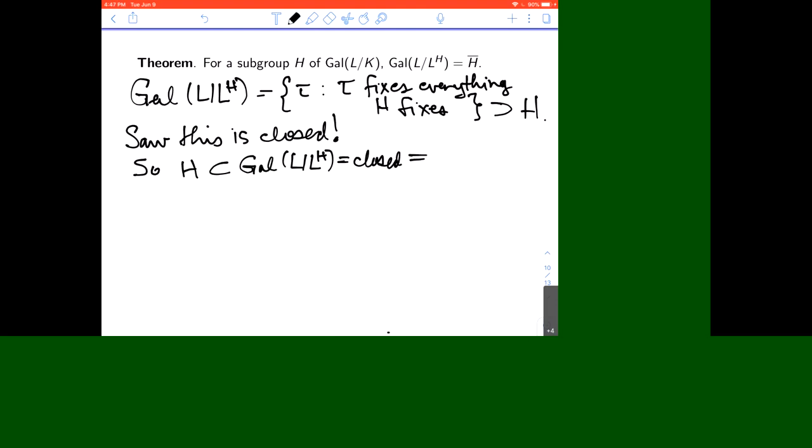So this is closed. If I take the closure, I'm still going to be inside of there. That's just from basic topology. And so I would like equality here.